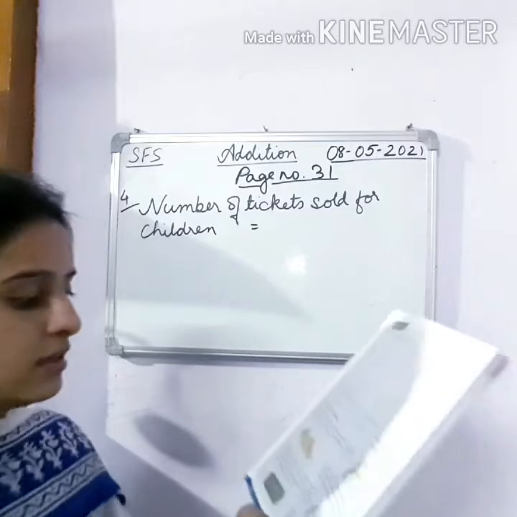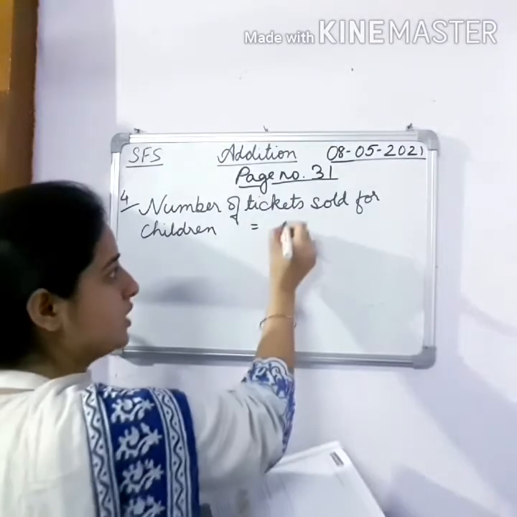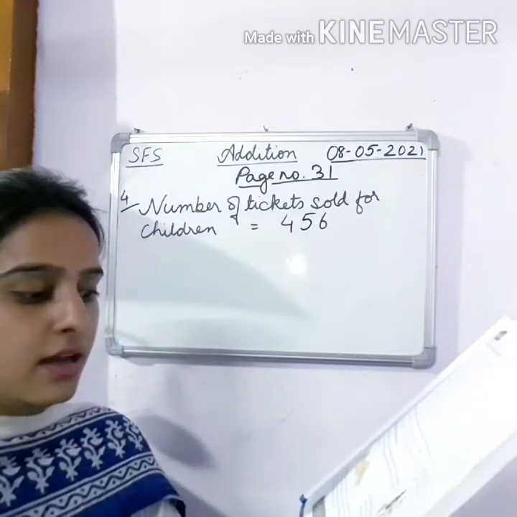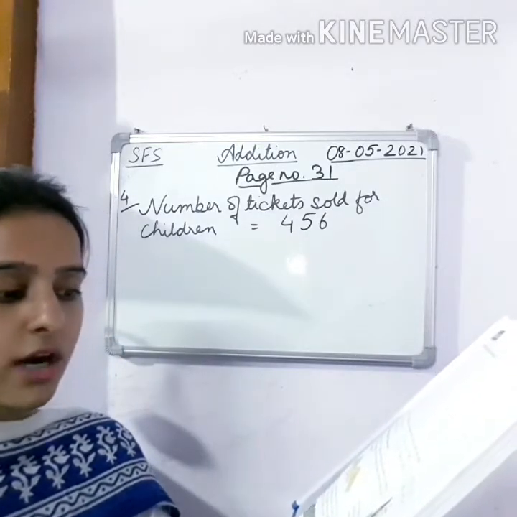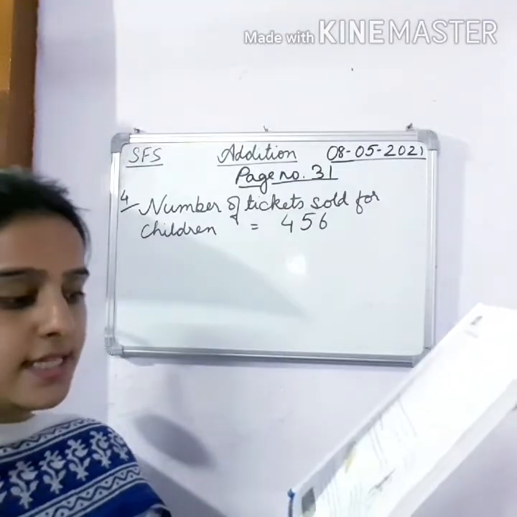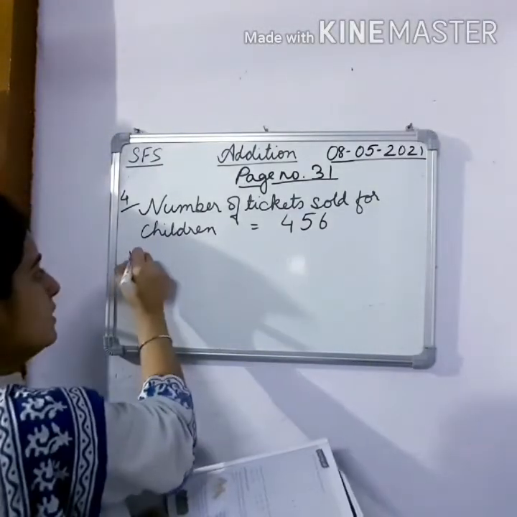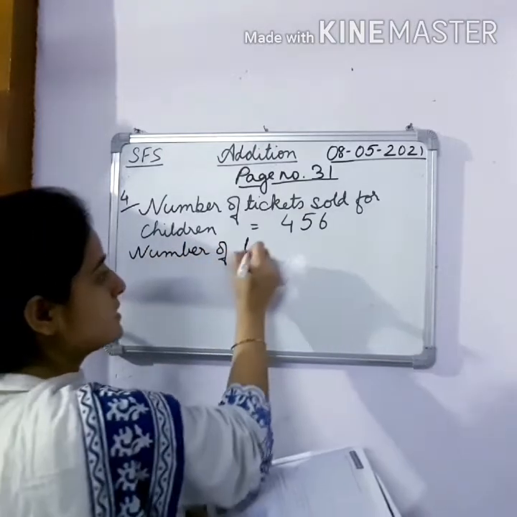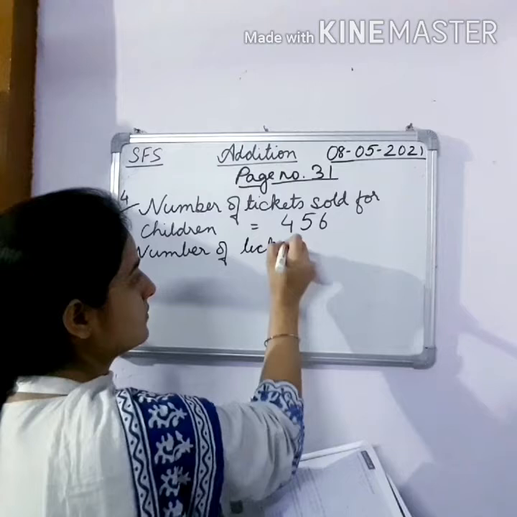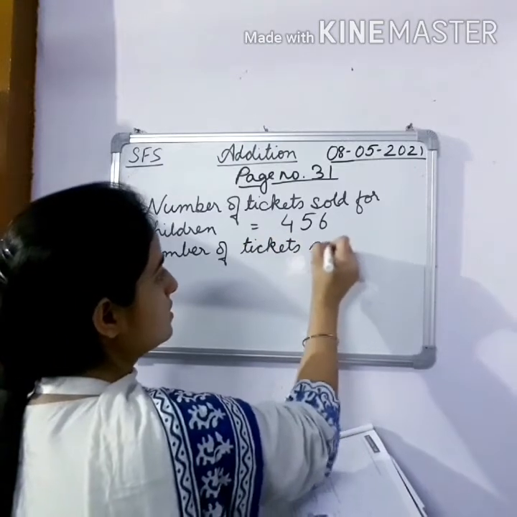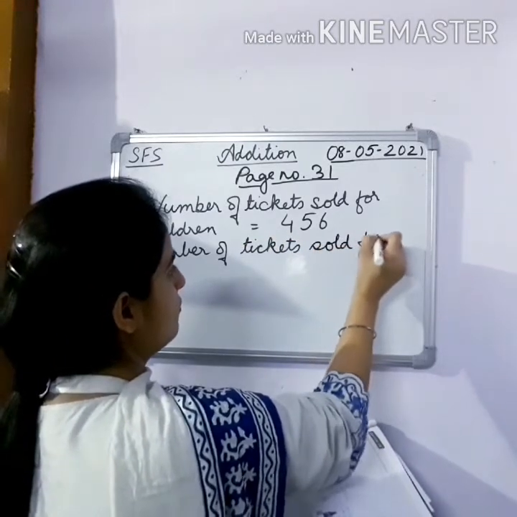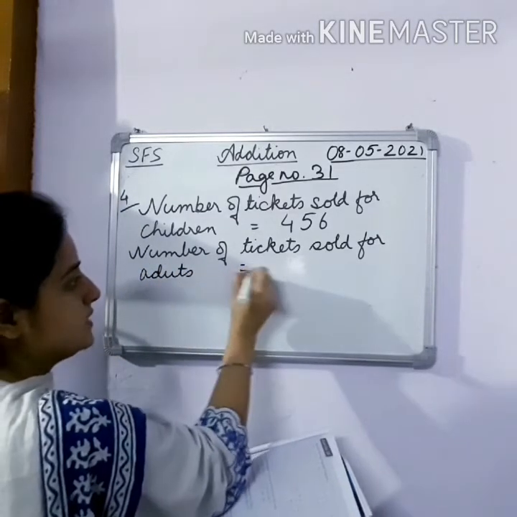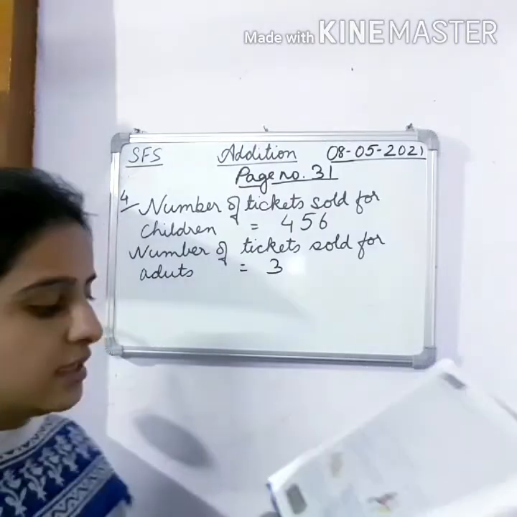Let's write 456. Next, and for adults, 329 tickets were sold. So number of tickets sold for adults. How many tickets? 329.